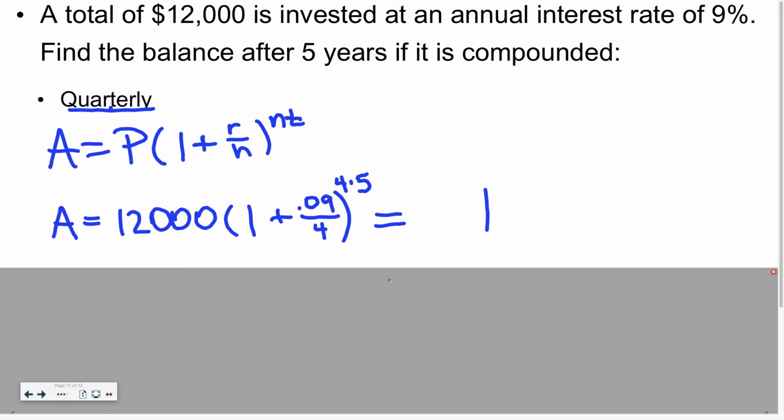You get 18,726.11. We all agree with that? It is dollars, so number 1, two decimal places, and number 2, put a dollar sign.